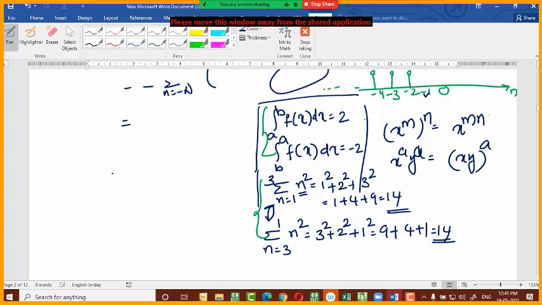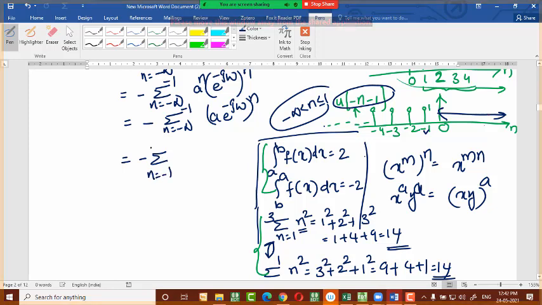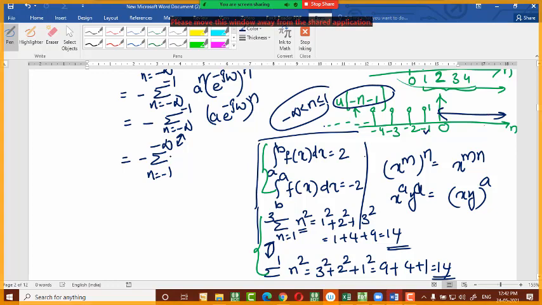So instead of taking the limits from minus infinity to minus 1, I can take from minus 1 to minus infinity. This is the change you have to observe. Okay, from this step to this step, what is the change I have made? The lower limit and upper limit I have changed. With this analysis, I can change that.